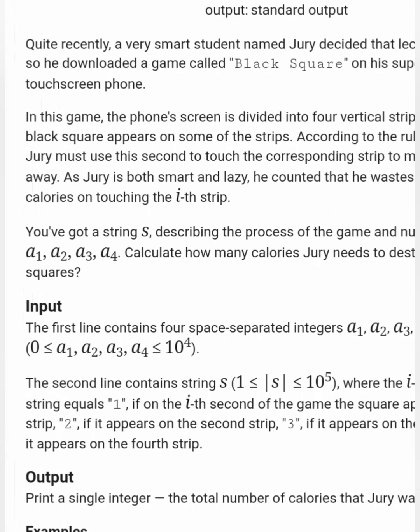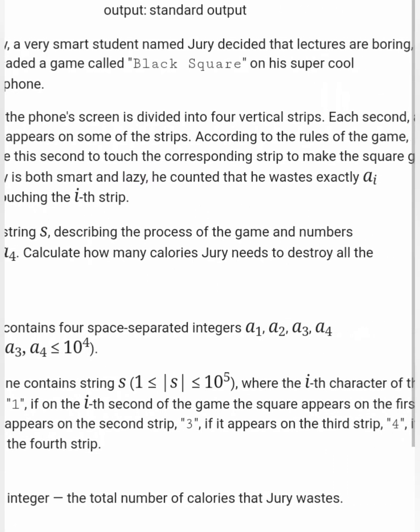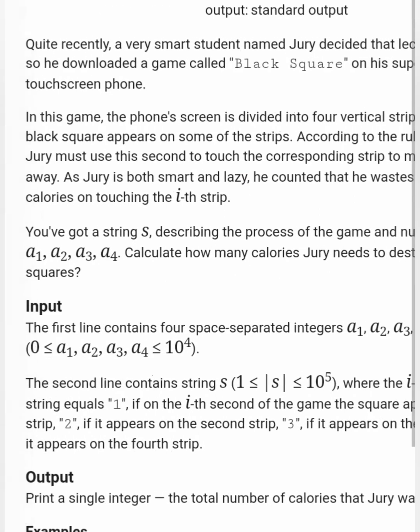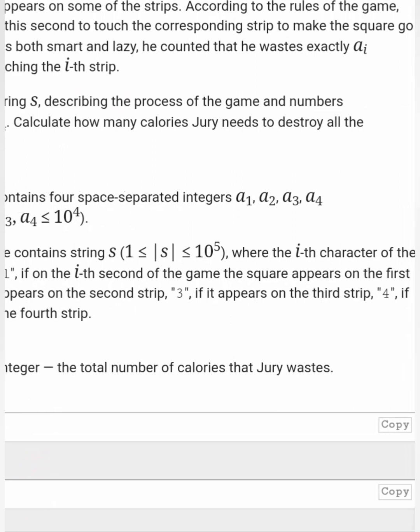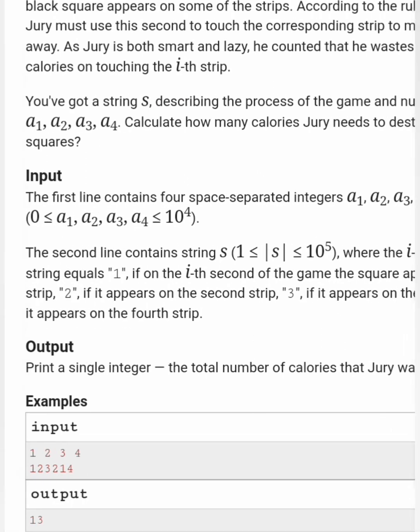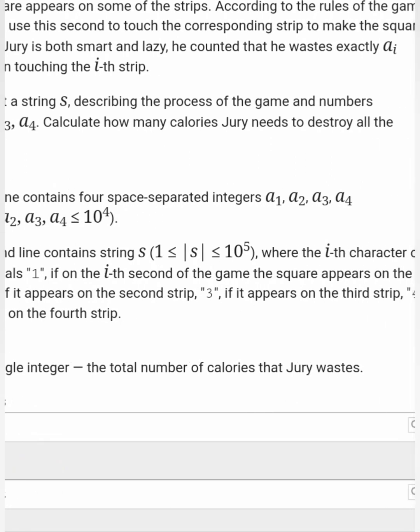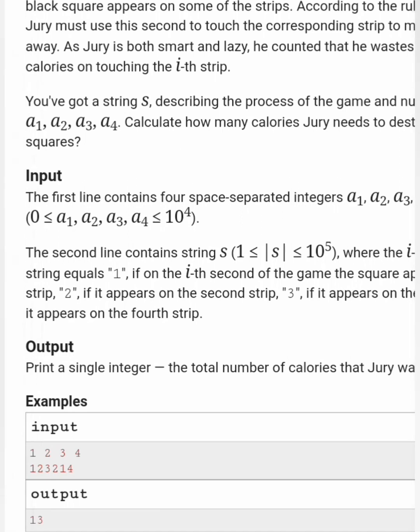As Jury is both smart and lazy, he counted that he spends exactly ai calories on touching the ith strip. You have got a string s describing the process of the game and numbers a1, a2, a3, a4. Calculate how many calories Jury needs to destroy all the squares.